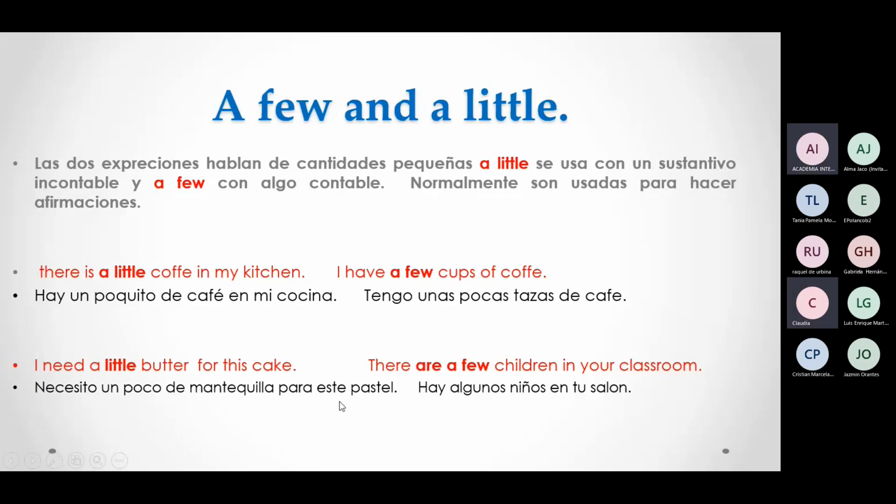I need a little butter for this coffee. Are you sure that says coffee? Oh, okay, sorry. No tengo lente. Don't worry, it's okay. You can read it again. I need a little butter for this cake.